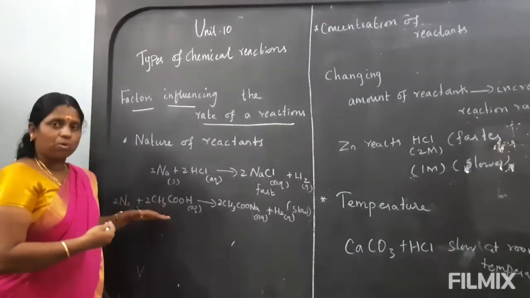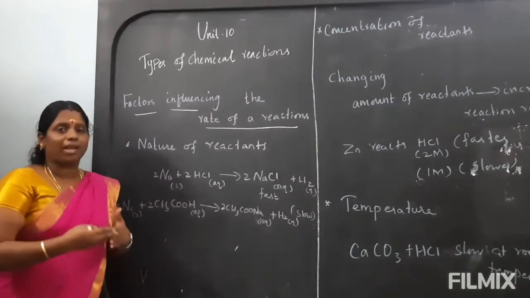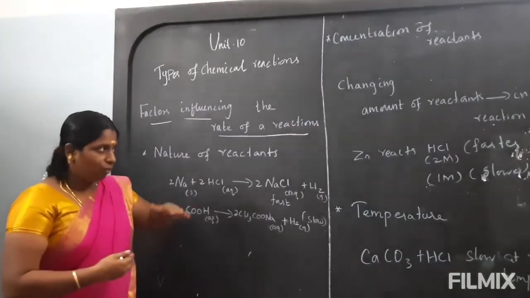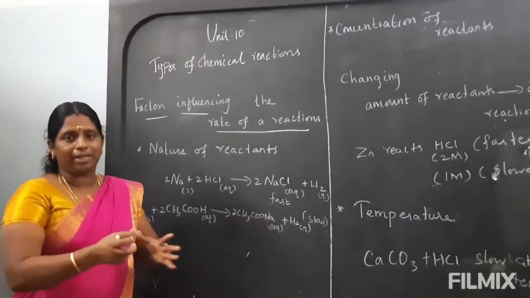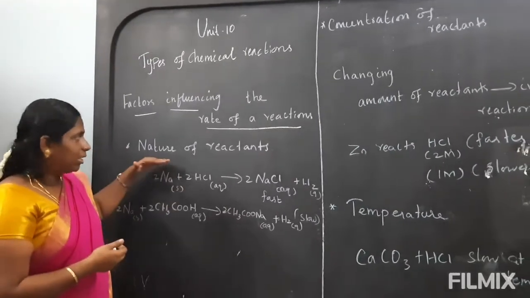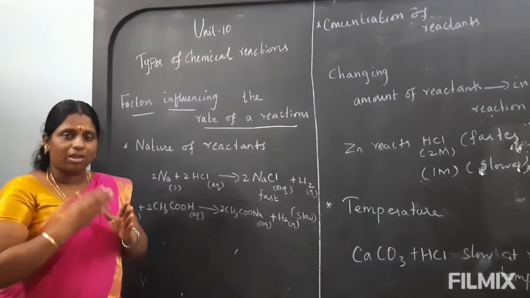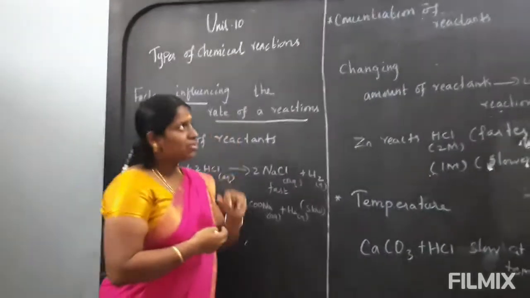But if the same sodium is reacted with acetic acid, it will take more time to produce the product. So which one takes very little time? That is the speed of reaction. That is the nature of reactants. Nature of reactant means those reactants which speed up the chemical reaction.